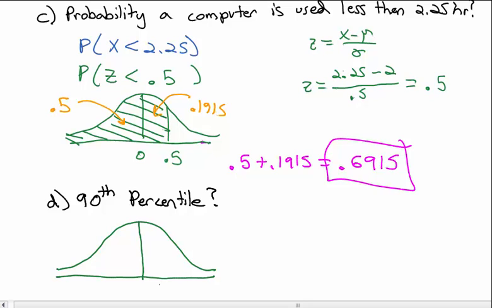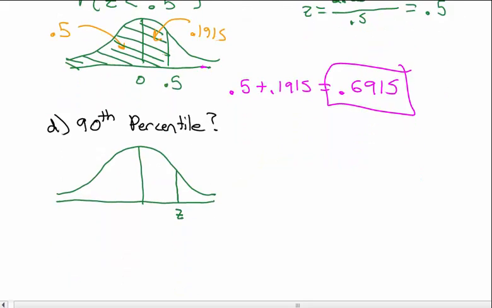When we say 90th percentile, we start with the z value that has 90% of the area, or 0.9 of the area below it. That's what a percentile is: 90% of the area below it.